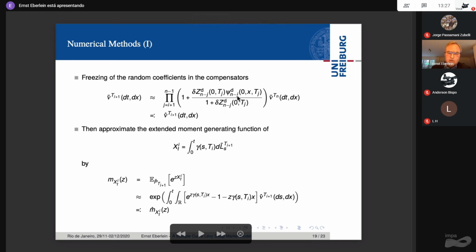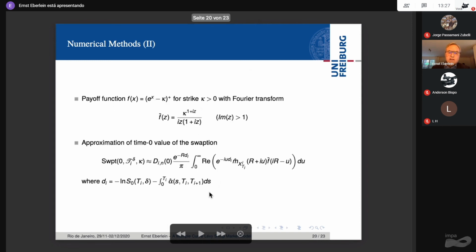That's similar to the BGM LIBOR model. And then we get a nice expression for this. And here is the other input, namely the Fourier transform of the payoff function. As a result, we get a nice swaption formula. That's an integral formula, which can be evaluated very efficiently.